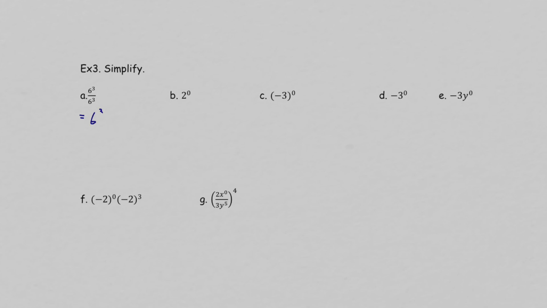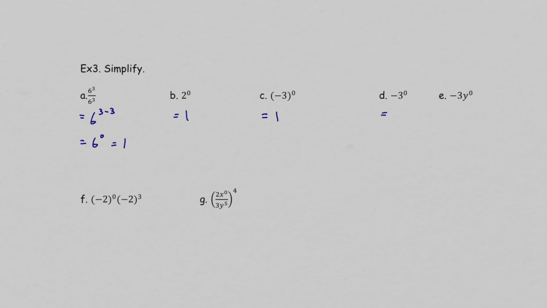If we bring it to the numerator, it will be 3rd exponent minus 3, so that gives you 0. Any number to the 0 exponent is equal to 1. The next one, any number to the 0 exponent is equal to 1. Even this one, any number to the 0 exponent is equal to 1.